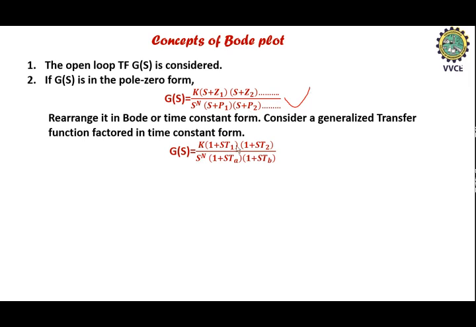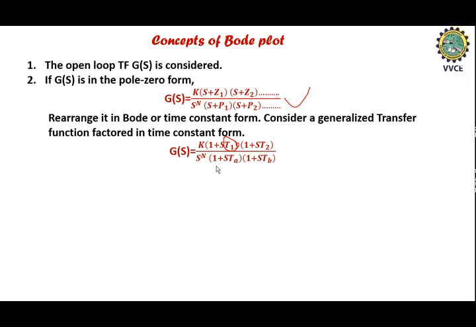The coefficient must be present along with the s, and it must be added with 1, that is (1 plus sT1)(1 plus sT2), and in the denominator also it must be (1 plus sTa)(1 plus sTb). T1, T2, T3, T4 and Ta, Tb, Tc may be any constants, but they must be with the s function only.